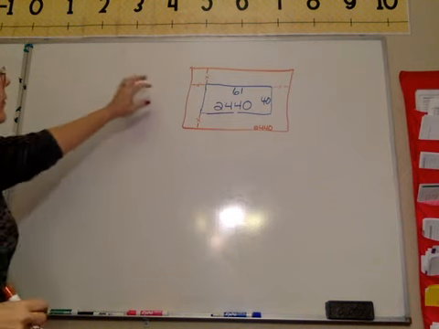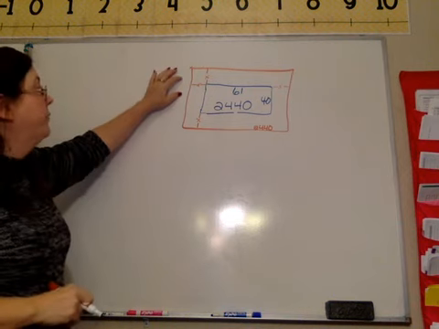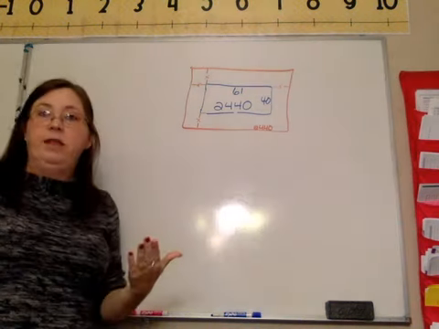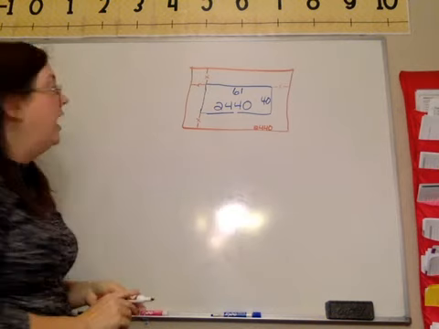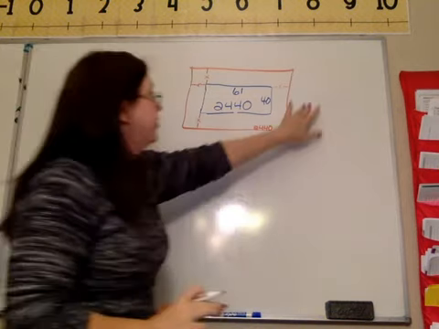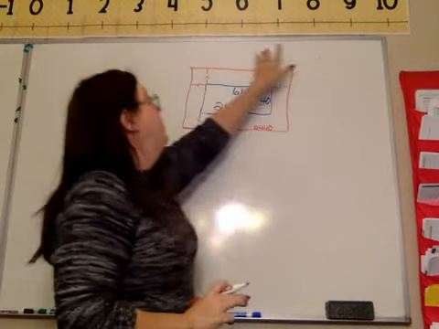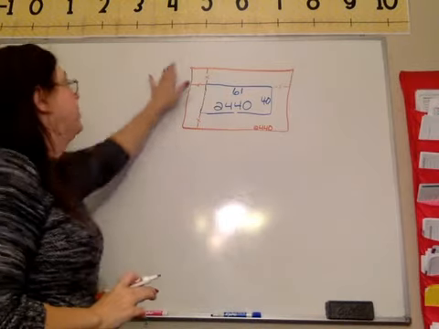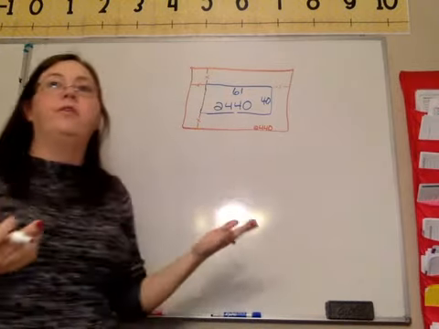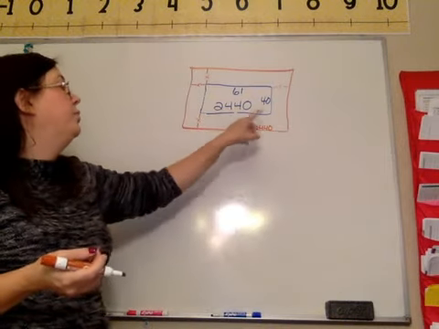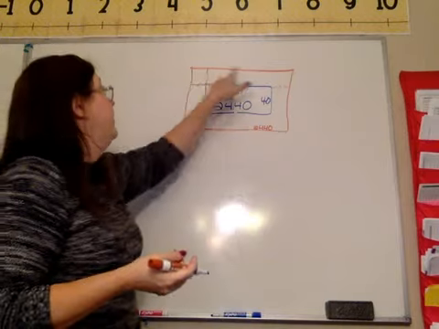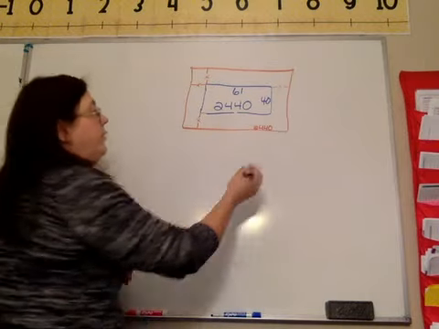So, let's look at this. What can we tell from this? Well, we should be able to figure out the area of the entire structure. We know the answer because we know the area of the pool is 2,040. So we know the area of the other part, the deck, is 2,040.